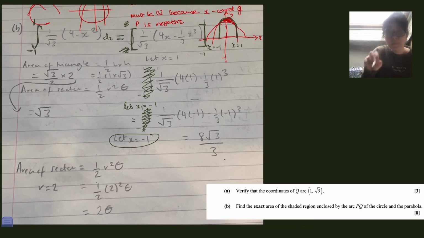Because I can only give you the method mark if I can see that you have done sub in the top limit, then minus, then sub in the bottom limit, and you've done that. So now, as the examiner, I've got to get a calculator out and see whether when you wrote that you might be meaning this minus this, or whether you were just meaning this, because it's not clear from the way it's written.